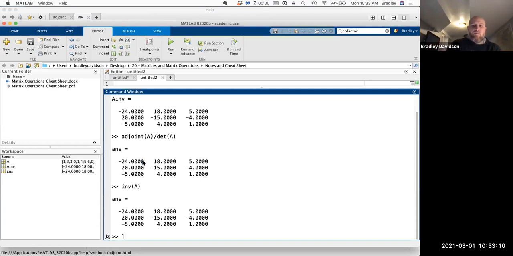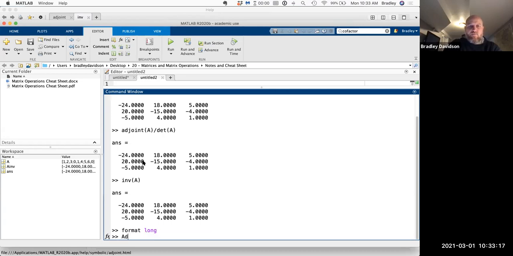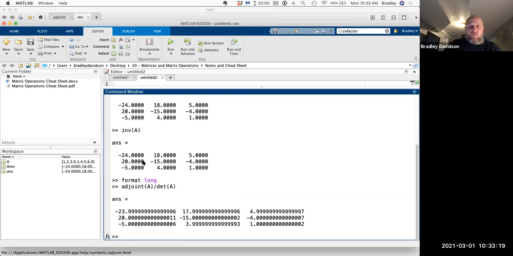Let's try format long and see if we can see any differences between the adjoint and INV of A.